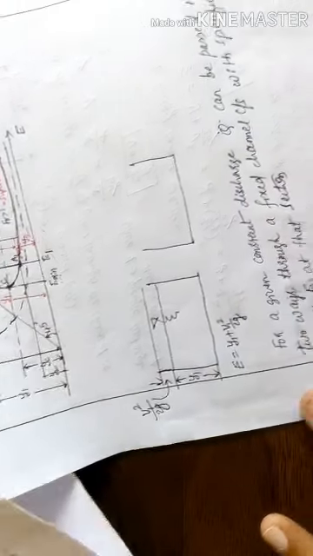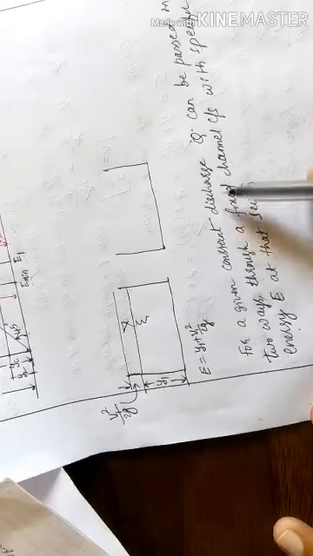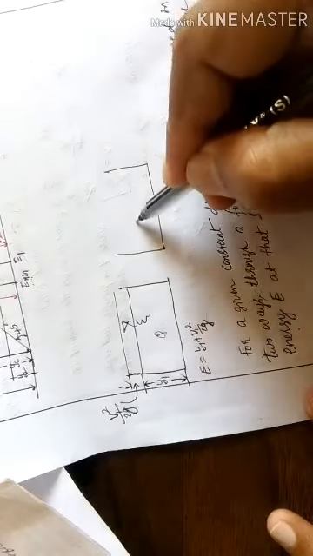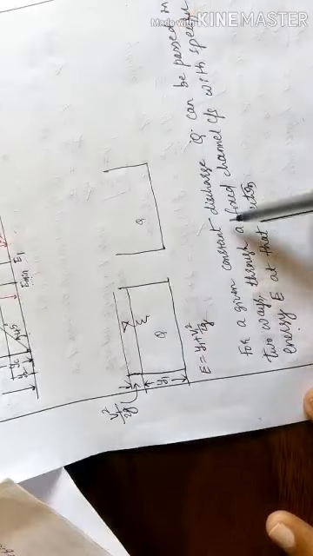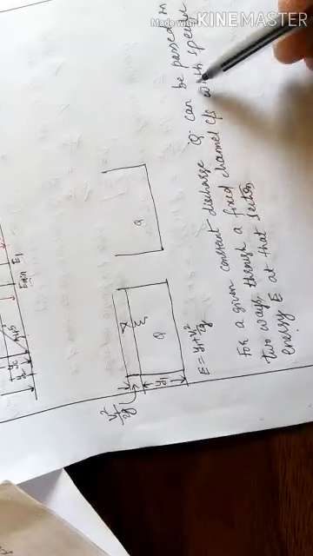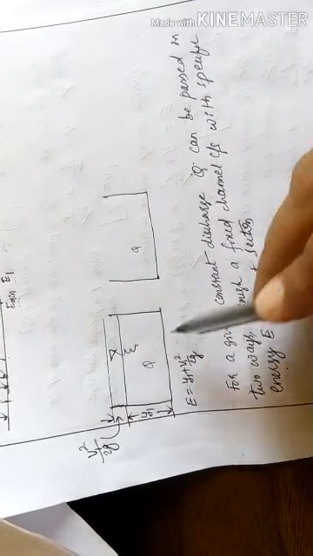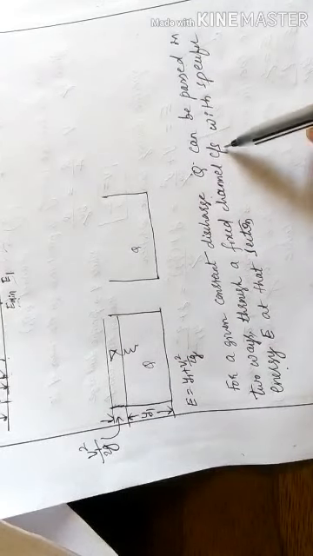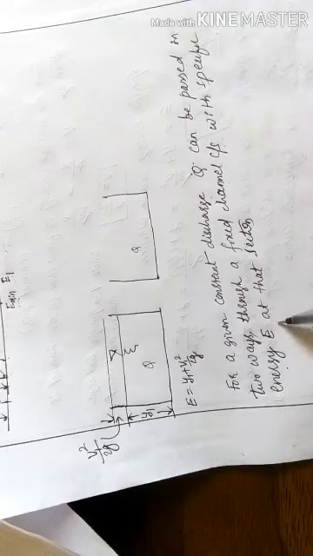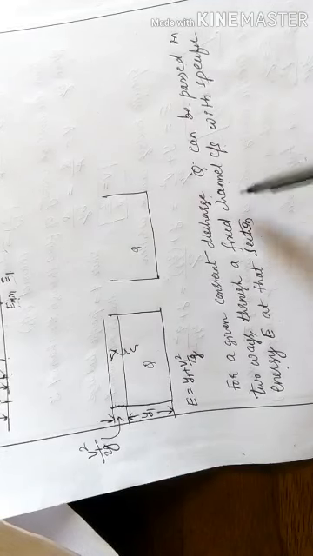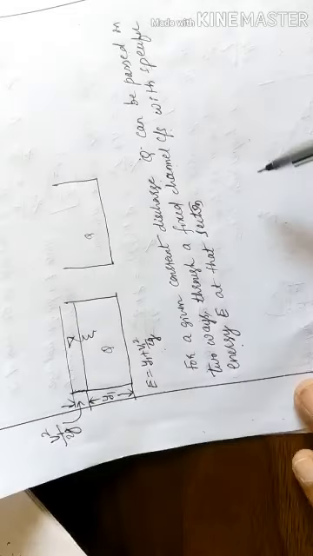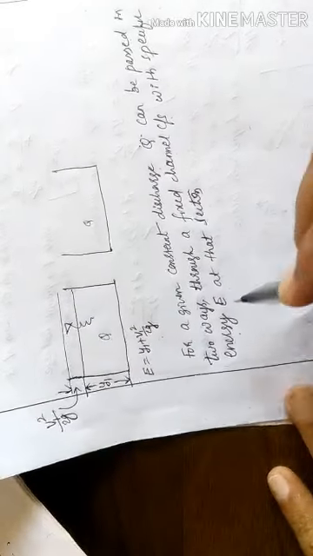Okay, so here, for a given constant discharge, the discharge is passing, and here also constant discharge. For a given constant discharge Q, the discharge can be passed in two ways through a fixed channel cross section with specific energy E at that section. Meaning with the same specific energy in a channel section, the discharge can be passed in two ways.